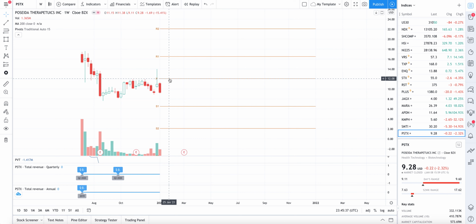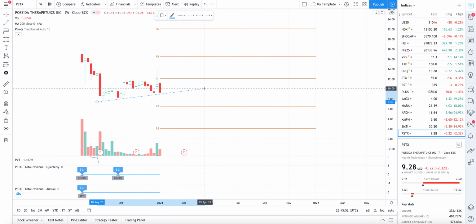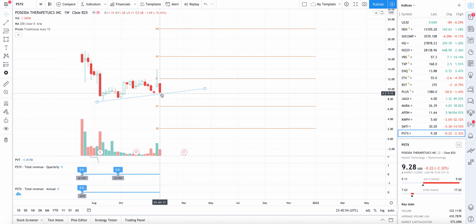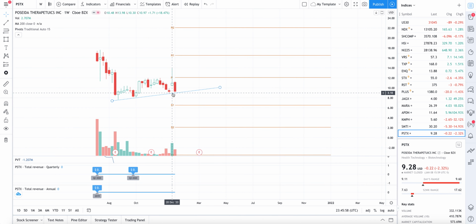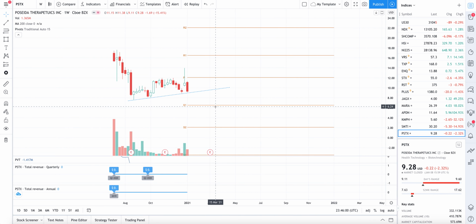Up ahead you've got $12, down below over here you've got $6.52. You've got the previous year low around $7.63. So potentially some levels to watch. I'll also be watching this level over here to see how price reacts. We'll revisit this next week to see how price action unfolded.